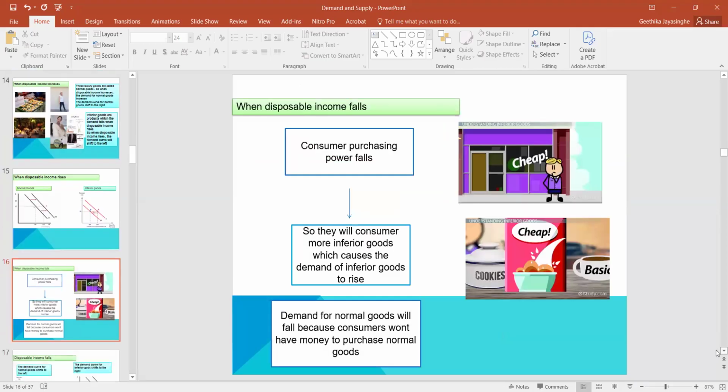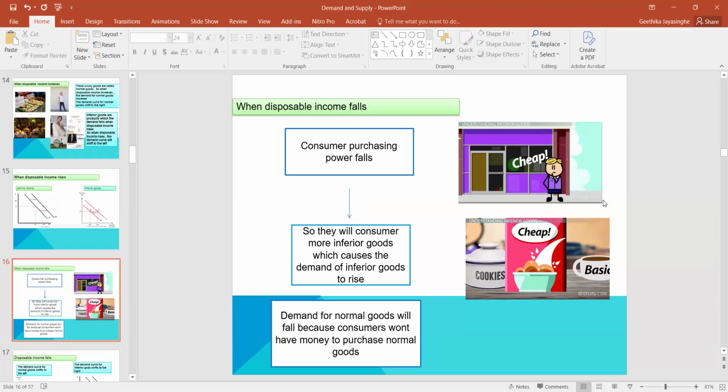Next, when the consumer's purchasing power falls, you will not be able to accommodate or purchase luxury goods. You might go for cheap items, or something closer. People might not worry about the quality, they might worry about the quantity, right?